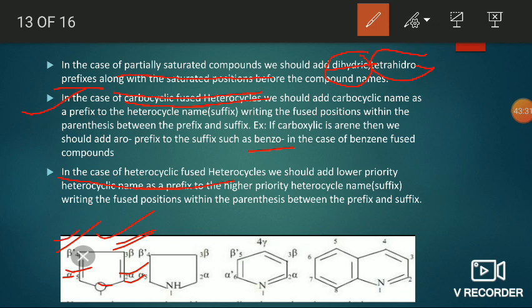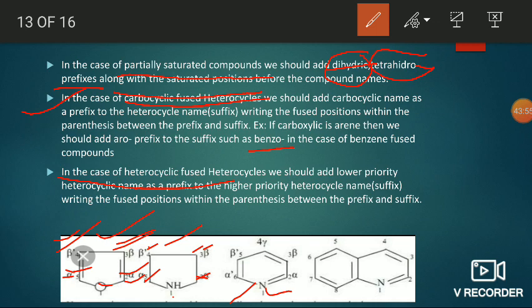Here also, in the case of pyrrole, sorry, it is pyrrolidine, it is 1, 2, 3, 4, 5, or alpha, beta, alpha dash, beta dash. The third one is the pyridine structure. Pyridine contains a nitrogen heteroatom, so nitrogen gets the first number.